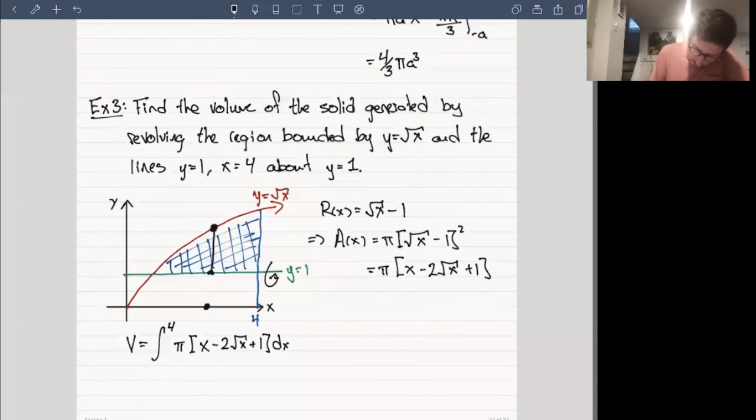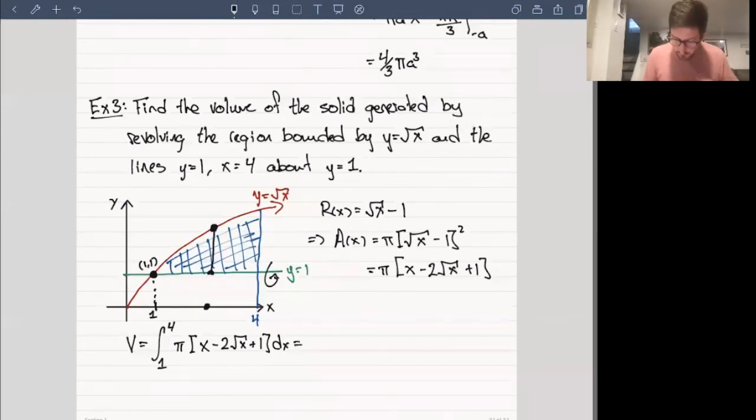The question is, we're starting right here. What is this point? Well, this point represents the intersection between y equal to 1 and root x equal to 1. So you can solve this algebraically, and this is going to give you the point (1, 1). So that means that the x value that we're starting at is equal to 1.